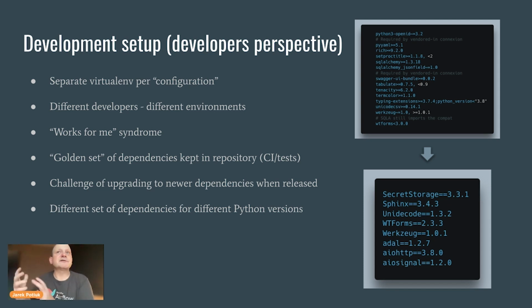So you want to say, okay, right now we are testing and developing our application with this particular golden set of dependencies, which we keep, and our CI is using the same set of dependencies, exactly the same versions. Because we want to have a repeatable process of running the tests, and it happens many times for Airflow that some dependency release broke our tests, and we want to avoid that.